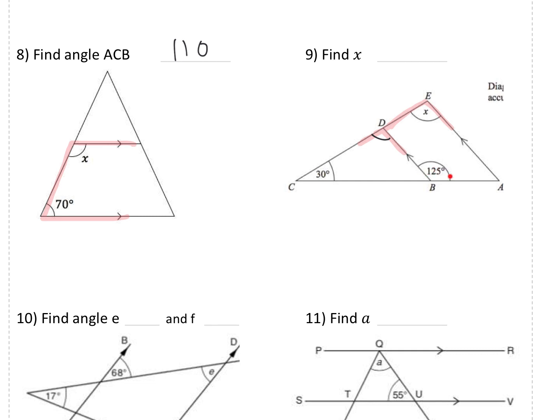I know this one's 125 and it's on a straight line, so I can work out this one here would be 180 minus 125, which is 55. And then I've got this small triangle. I know angles in a triangle add to 180, so I can take off 30 to give me 150, take off 55 to give me 95. So this angle at D is 95, and then the angle X is corresponding to that, so X would be 95.